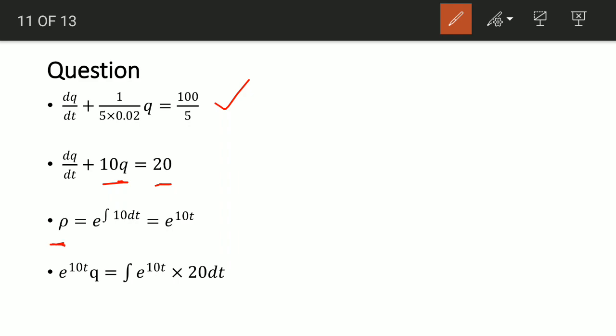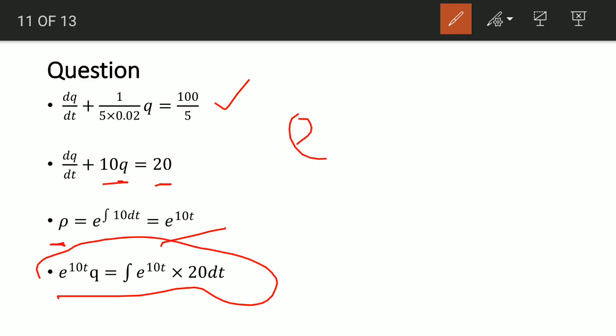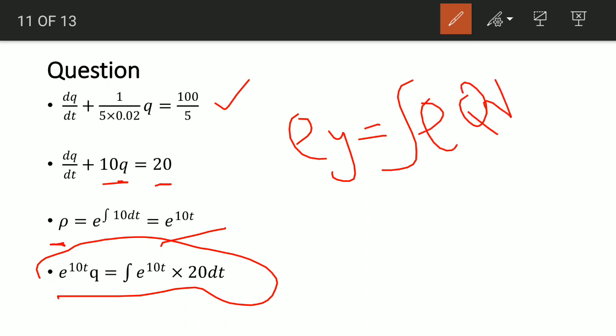So we go ahead to find the integrating factor, which is exponential integral P dt. So your P is 10, so you have exponential integral of 10 dt. An integral of 10 is 10t, that's how we got this. And remember, this is the solution to a first order linear equation, which is rho y equal to integral of rho q dx.